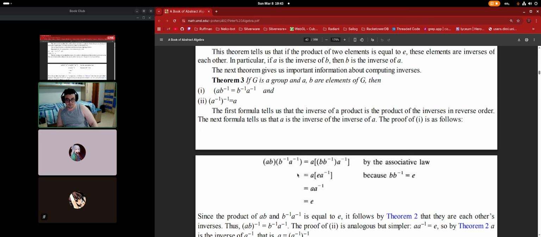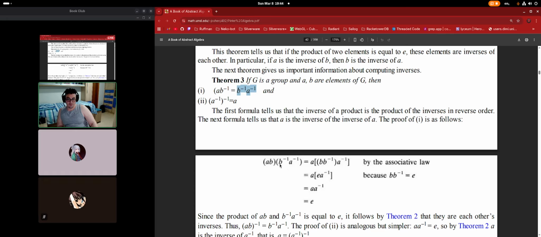So the proof of the first one goes as follows. How are we going to prove this? Essentially, you take the thing inside parentheses, which is AB, and allegedly this is its inverse, so you put them in a product, and if they come out to identity, then that's true. So we're going to use some associativity laws.